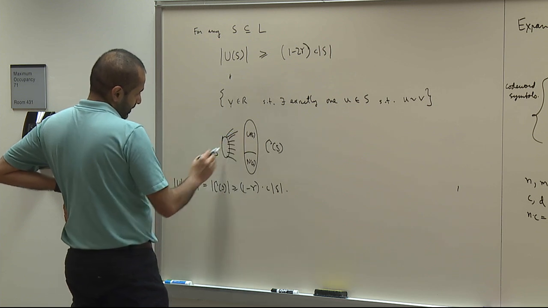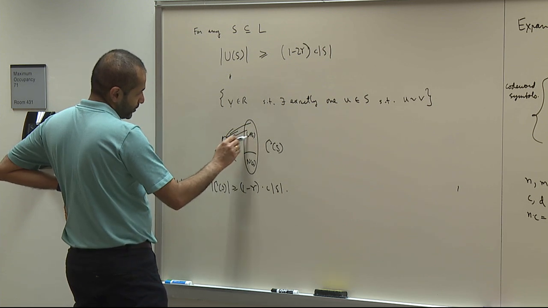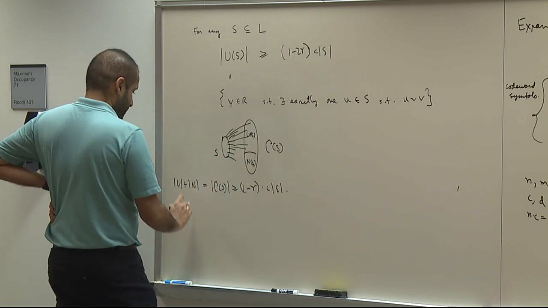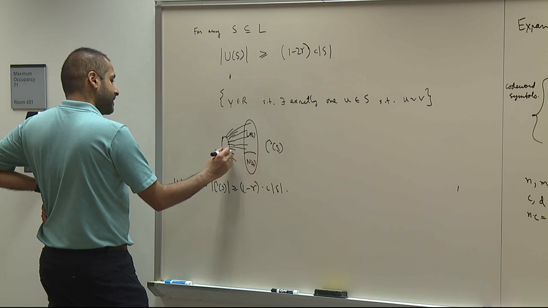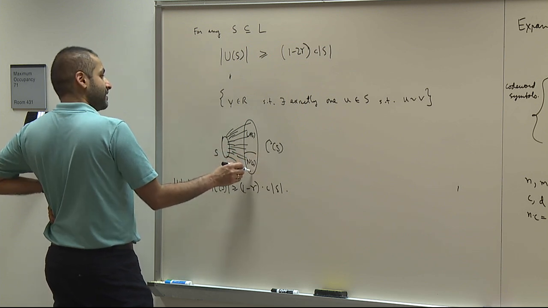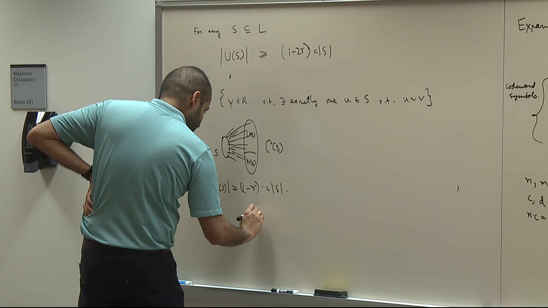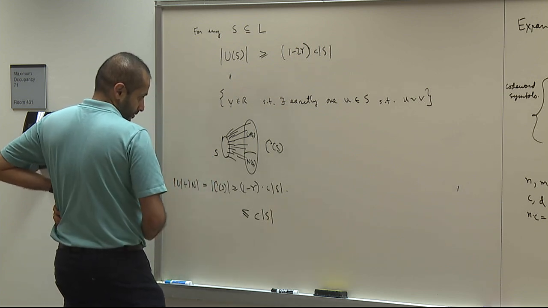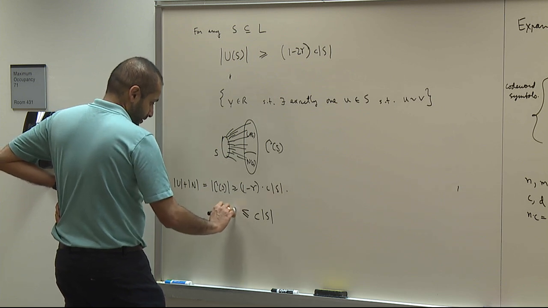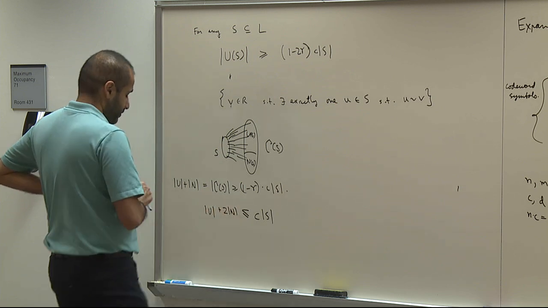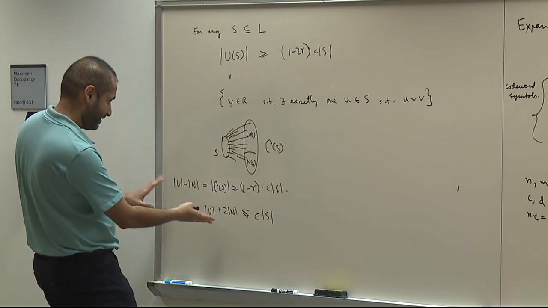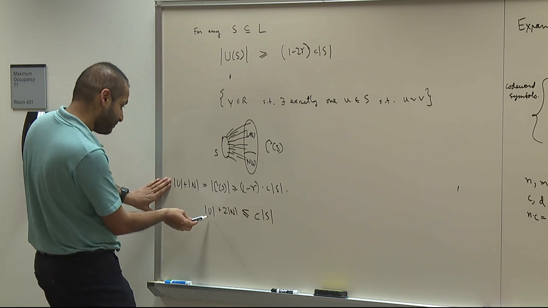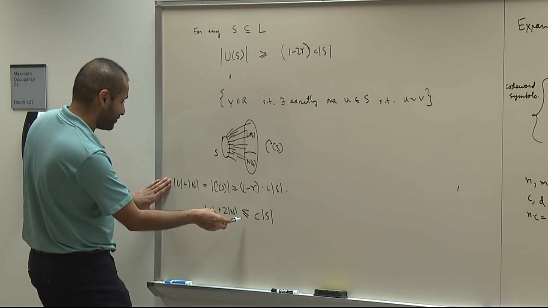On the other hand, only one edge comes to each of these, and this gets at least 2 edges each. So since this gets at least 2 edges, 2 times size of N, the total number of edges coming out, which is C times size S, is at least 2 times size of N plus size of U. And so now I'm going to manipulate, times 2 minus this, and the inequality goes the right way.